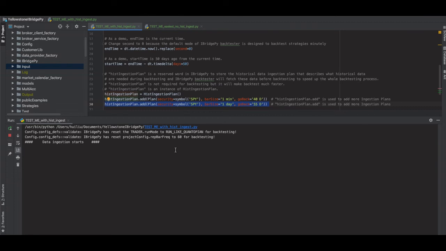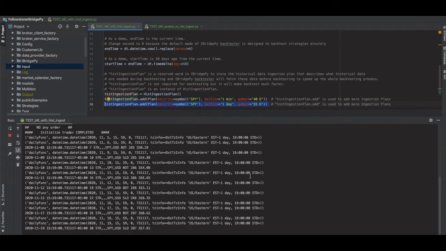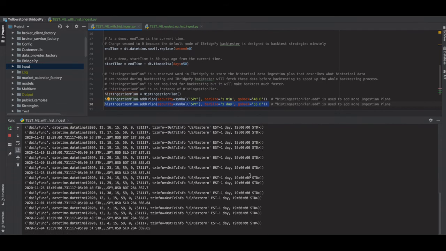As long as the historical data are ready, backtesting will be very fast compared to the other test strategy, I mean the default without historical data ingestion. Okay, the backtesting starts.